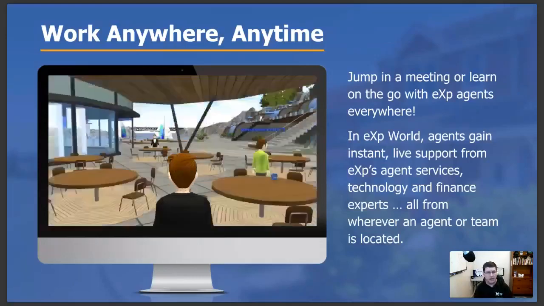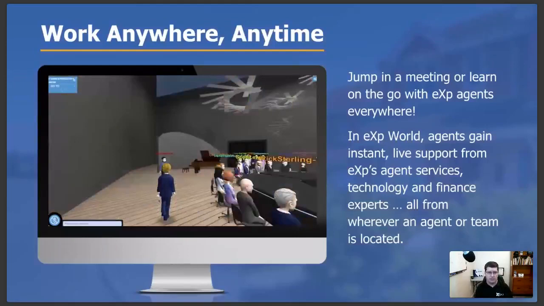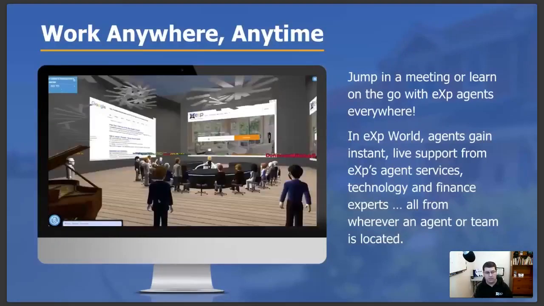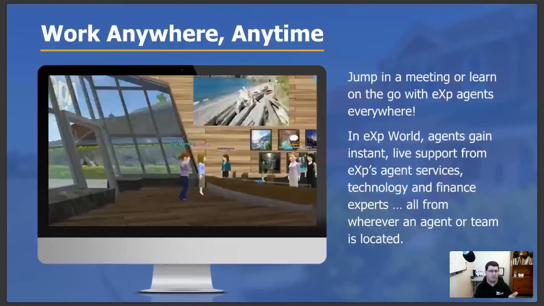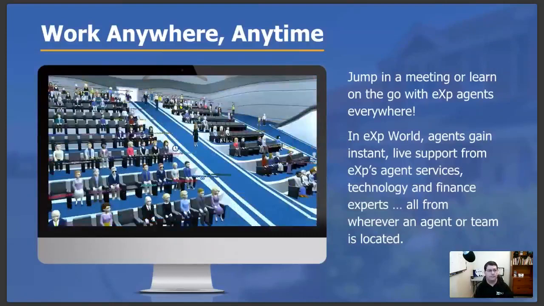You can have a personal private meeting at different meeting areas. We attend team meetings this way. It's far easier for us to do team meetings with a much, much larger group. And you can see there are interactive displays, screen sharing, presentations, agent services, the accounting department, which shows how many people are staffing each department to serve the agents that come in.